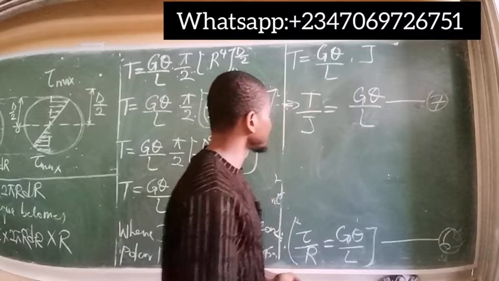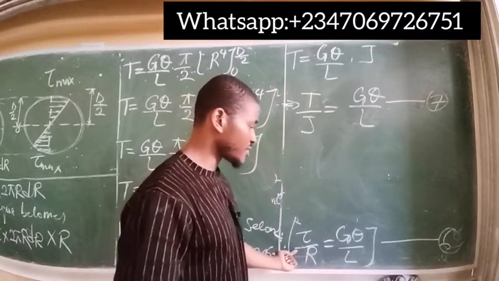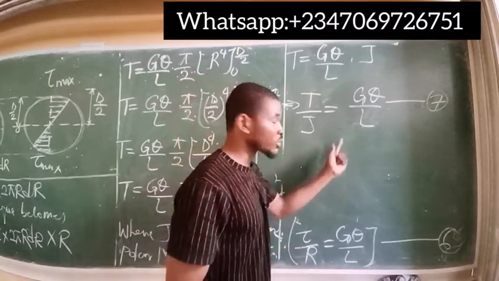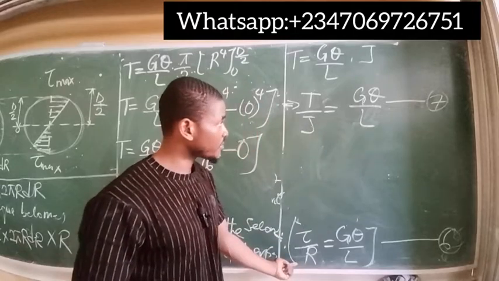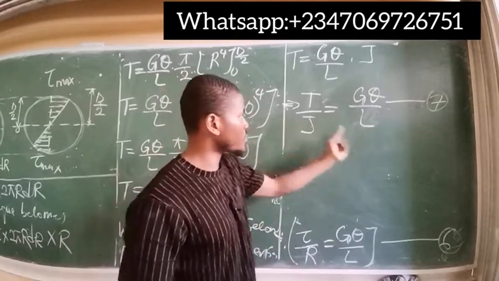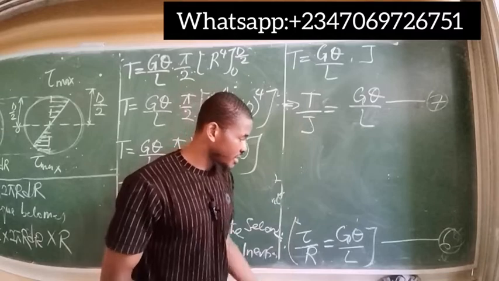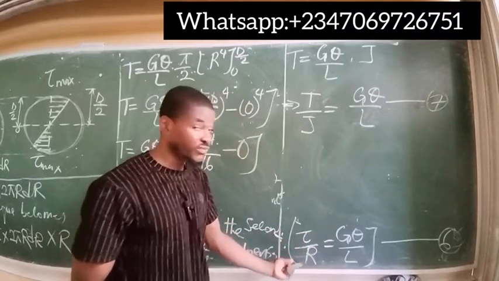Now observe that equation 7 and equation 6 are the same. We have Gθ over L to be equal to T over J, and same thing here, we have Gθ over L to be equal to shear stress over radius.